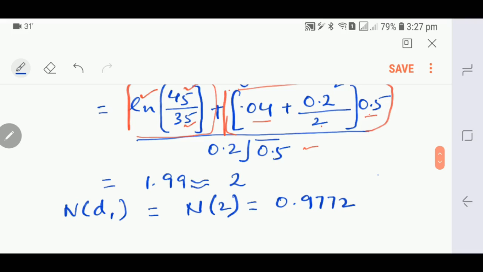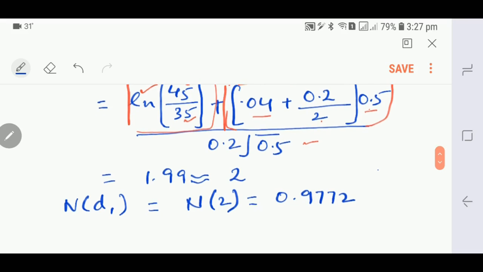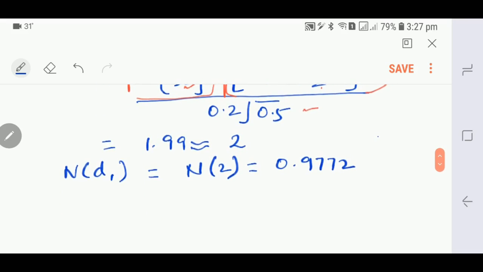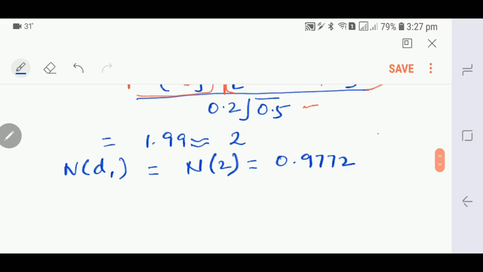Which tells me that there is a 97.72% chance of this option ending up in the money. That is, it is going to be profitable to exercise it, and there is a 97% chance of that happening.